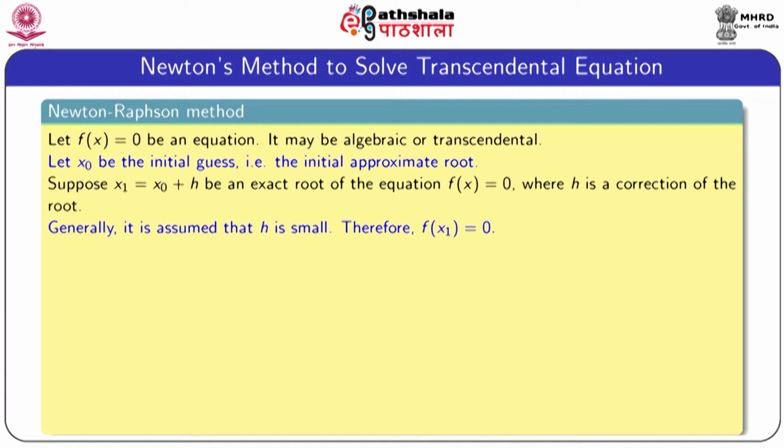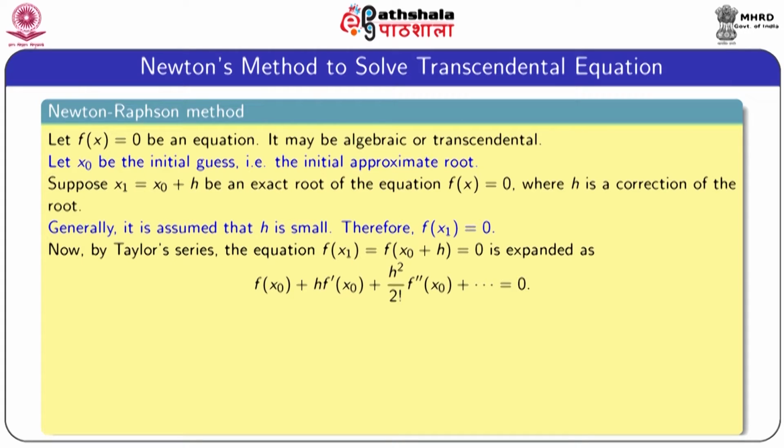Therefore f(x1) = 0, or we can write f(x1) = f(x0 + h) = 0, and by Taylor series expansion this becomes f(x0) + h f'(x0) + (h^2/2!) f''(x0) + ... = 0.